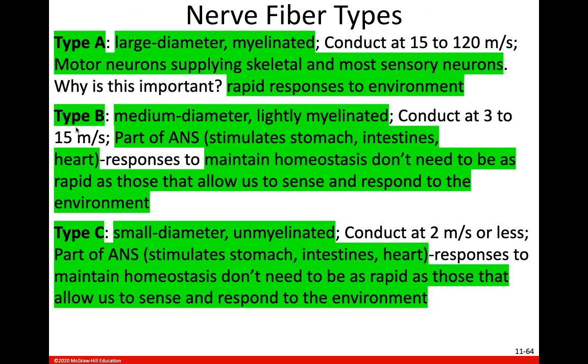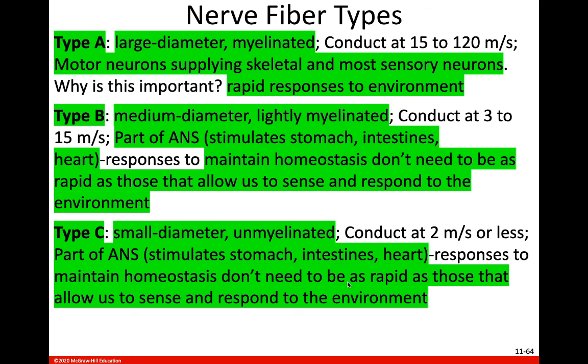So again, the type B are medium diameter. They're kind of in the middle, light myelination. They're going to conduct action potentials more slowly than the type A. The type C are even smaller, they're unmyelinated, and they're going to conduct action potentials even slower.